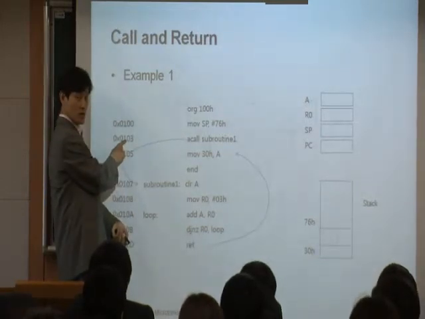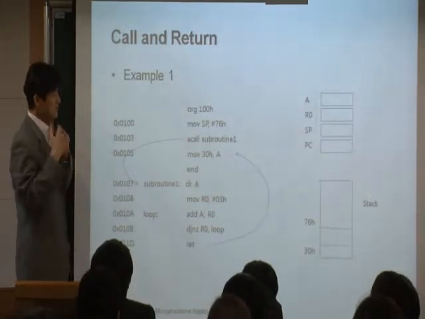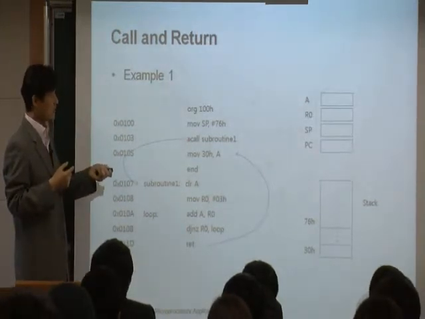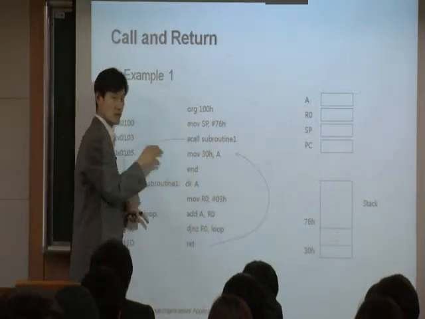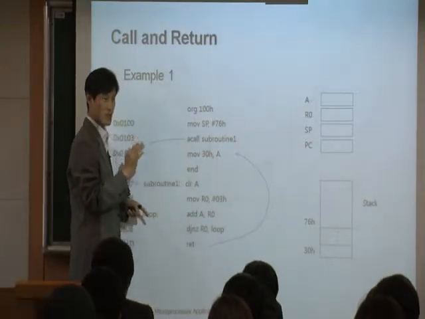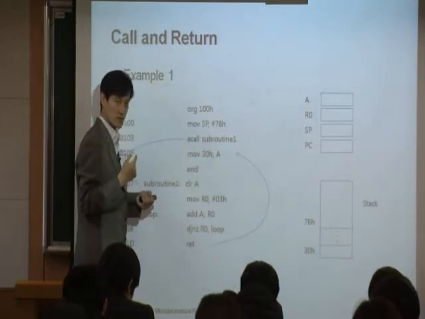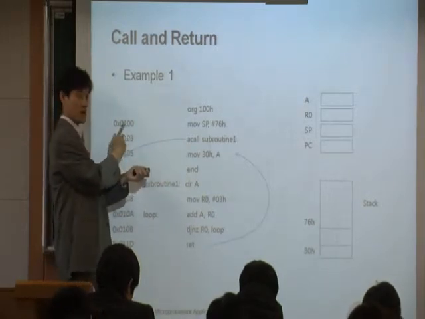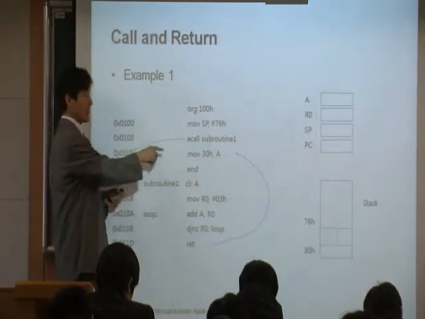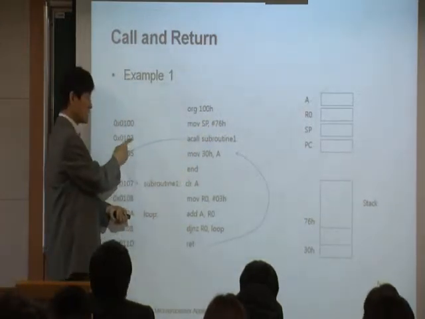One thing to remember is that some students think the program counter may have 100 because this is my current instruction, but that's not true. The program counter will tell you the next instruction, so the address of the next instruction will be in the program counter. So when you execute this one, the program counter will have this value.